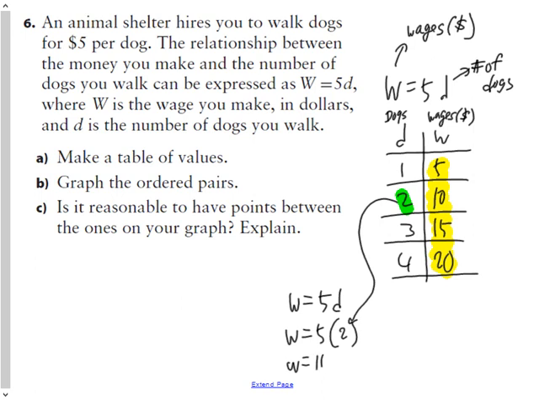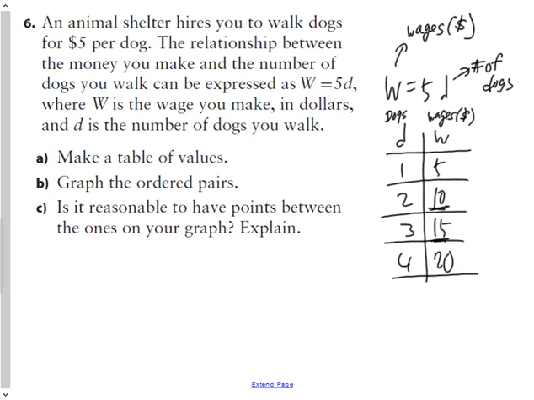And when I simplify this, I get 10, which is my W value, which means it goes right where my W value is when D is 2. And when D is 3, it's 15. And when D is 4, it's 20, and so on and so forth. So that's where that table of values came from.